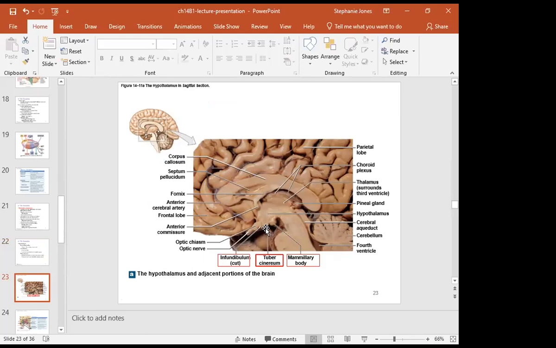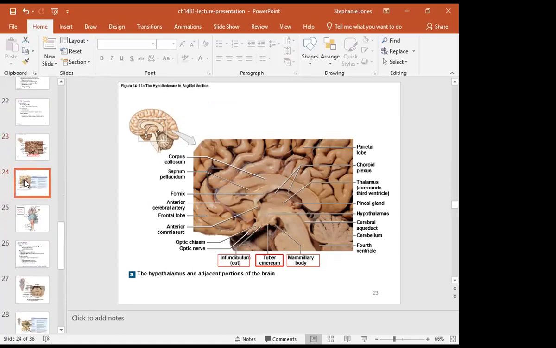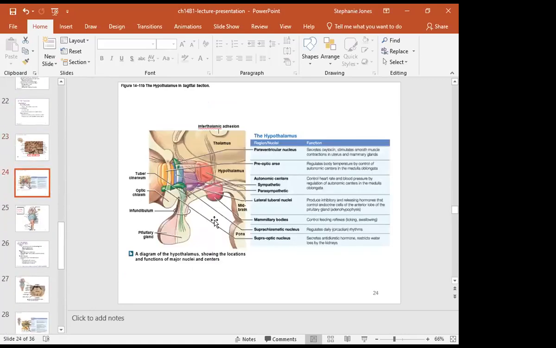Again, we'll get deeper into the hypothalamus's role in the endocrine system when we get into 2402, not right now. So here's another picture looking at all of the different areas. You can see all of the different regions in the nuclei, and then here again you can see some of those functions in regards to what each particular portion of the hypothalamus is going to be responsible for.